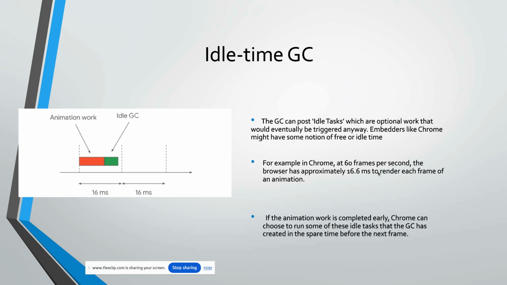For example, you render the animation faster than what Chrome expected, so your animation work stops here rather than at this part, and your idle GC comes in and does garbage collecting at this spare time. Spare time is before the next frame event happens, and that's called idle time GC.